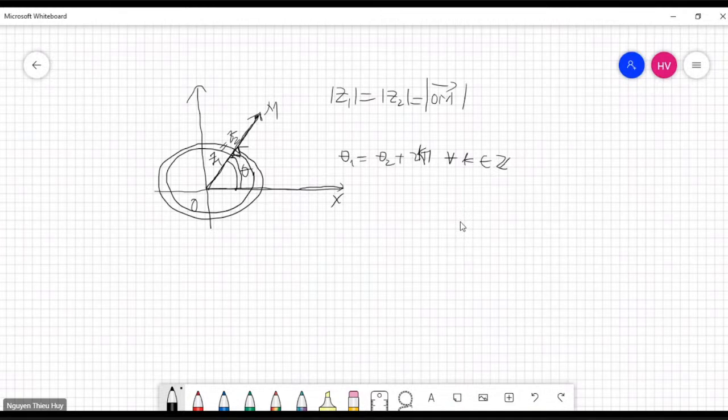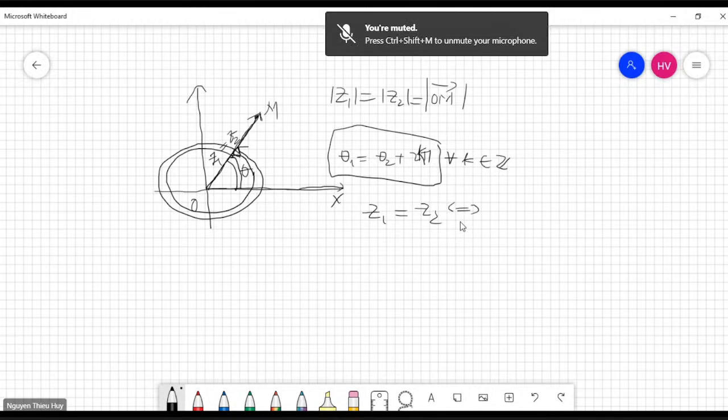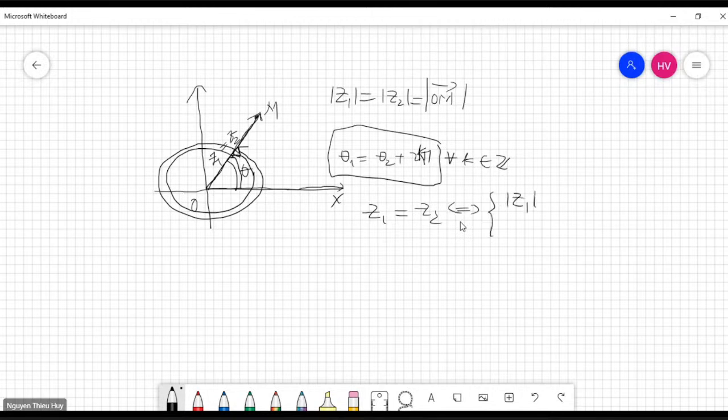It has the same beginning vector and the same end vector here. The only thing is they rotate more, and you will change this. So Z1 equals Z2 if and only if the modulus is the same, because it's the length of the vector and the vector is unchanged, but the angle is changed by 2k pi, and it will stop at the same vector here, right?